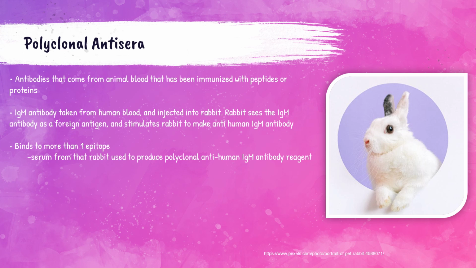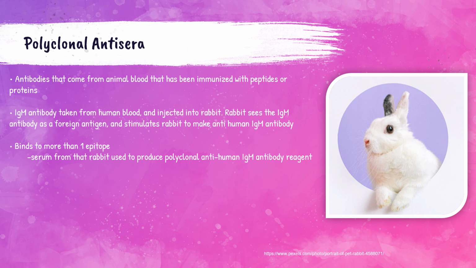That antibody is then injected into a rabbit. The rabbit's immune system sees that human IgM antibody as foreign, meaning it isn't from that rabbit, it's a foreign substance. So the rabbit's immune system launches an attack in the form of its own antibodies. Specifically, in this case, it produces an anti-human IgM antibody, and it produces that because we injected the rabbit with human IgM, right?